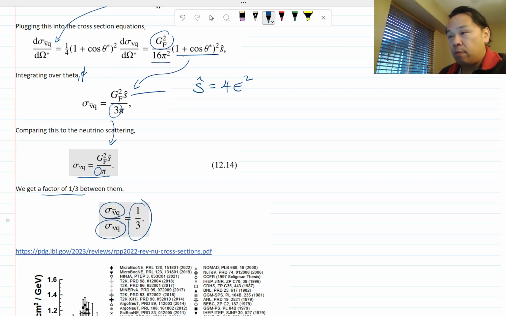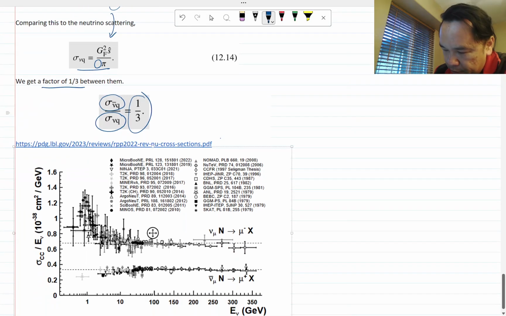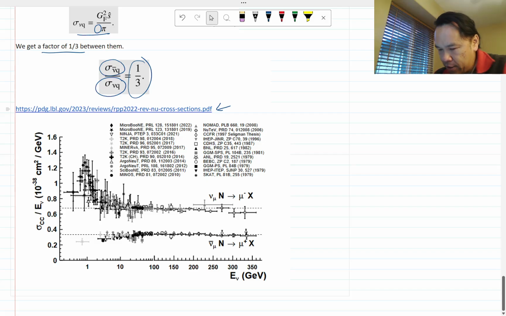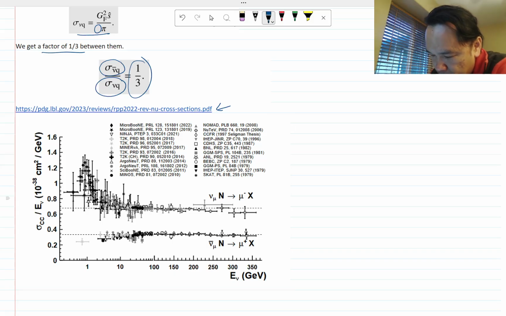So when you do an experiment with a beam of regular neutrinos, you're going to get 3 times more events versus antineutrinos, which will only get you 1/3 of the regular. And you can see this if you go to the PDG, the review articles on neutrino cross sections. Most of the high energy data comes from an experiment called NuTeV in 2006.